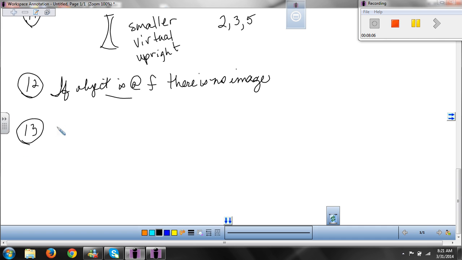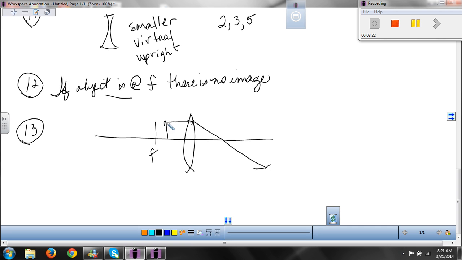Okay, number 13. The image of an object located inside the focal length of a convex lens. So here's my focal length. Here's my object. So it goes in and straight through the center of the lens. And these rays get farther and farther apart, so they have to be extended to intersect.